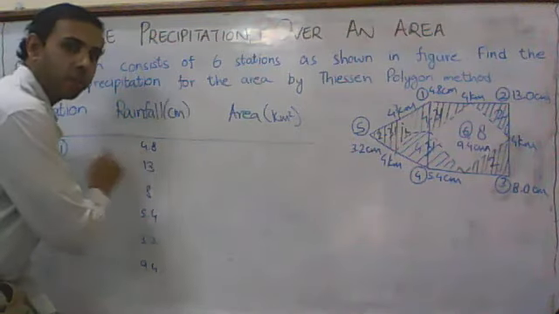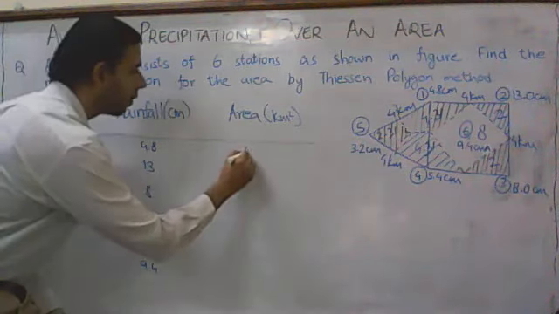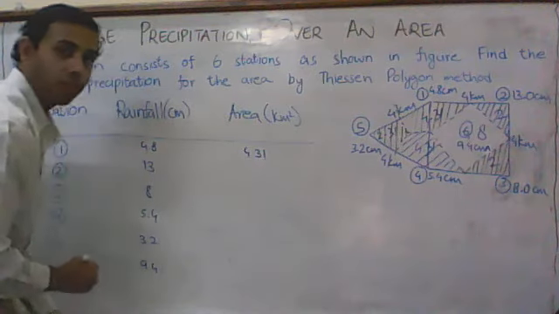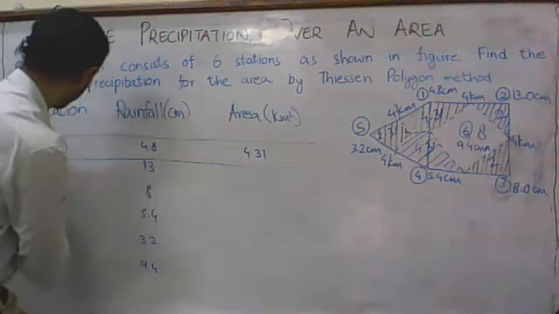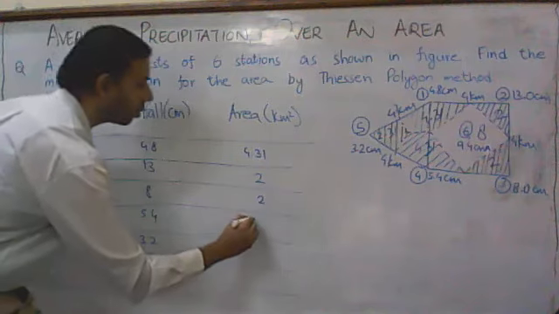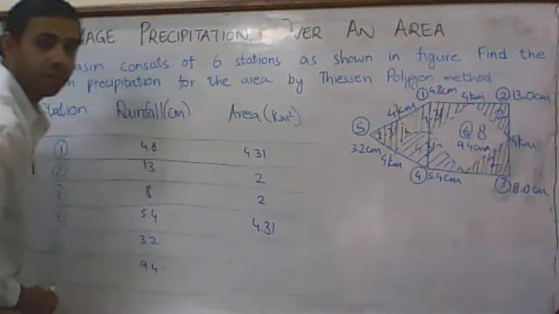For 4.8 at station 1, the area was 4.31. For station 2, the area was 2. For station 3, the area was again 2. For station 4, the area came out to 4.31.